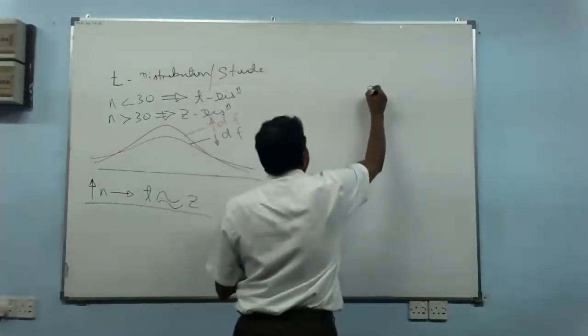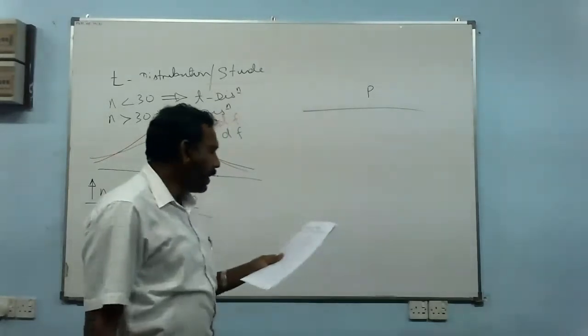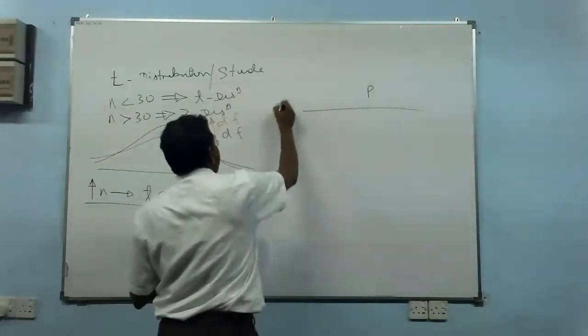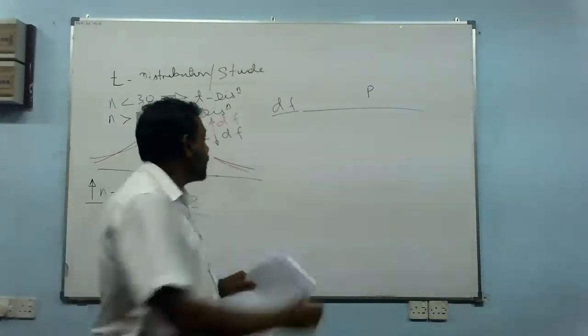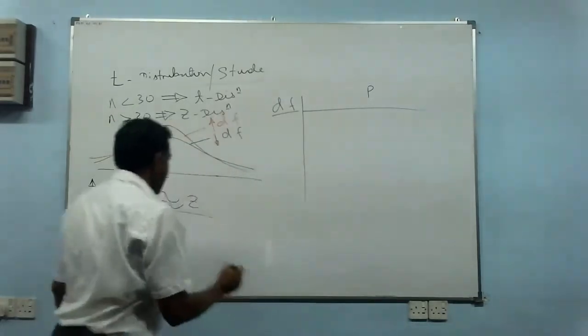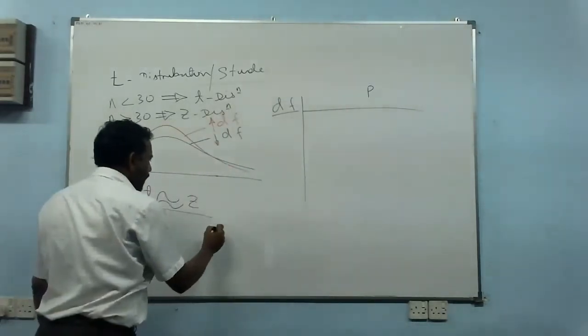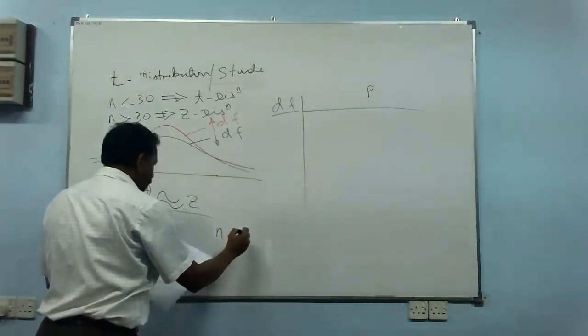So column wise we have t, or the probability. Row wise we have degrees of freedom, df. Degrees of freedom, df, right? Suppose my n is, let's say, 10.